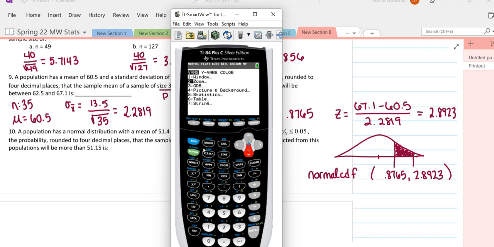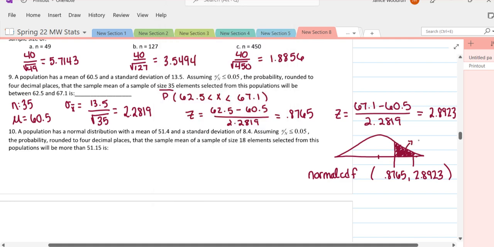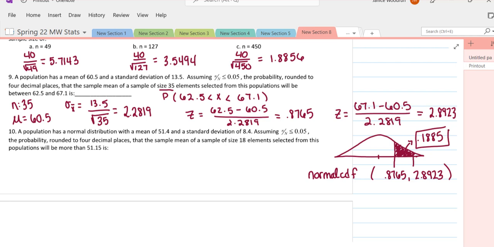Second distribution, normal CDF, 0.8765 and 2.8923. That's going to give us 0.1885. This area right here. Okay, so that is the probability. It's actually not telling us what this represents, but the probability that from the sample size of 35, the mean is between 62.5 and 67.1.